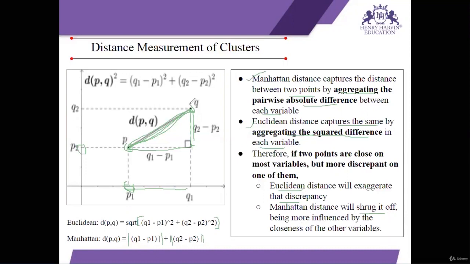So if the distance is closer to one point, it will not divide the variables equally to all the clusters, but in Euclidean distance, because we are taking an aggregation of the squared differences of each variable, it will do more calculation and will divide the data set or variables more properly.